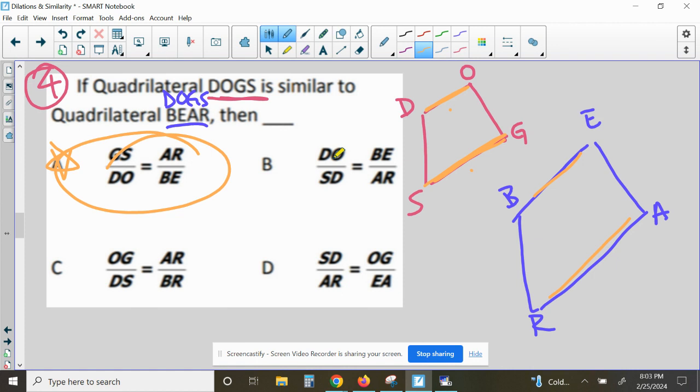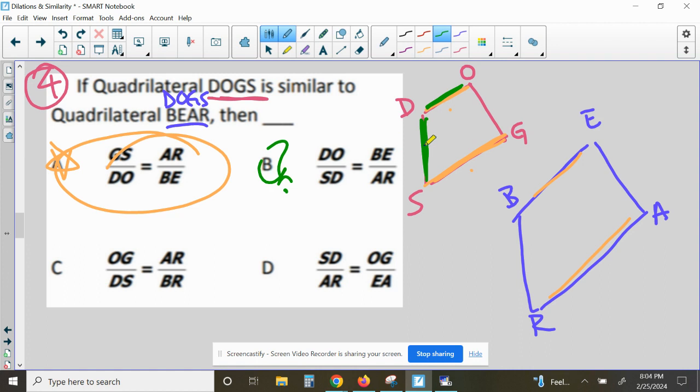Okay, I'm going to actually erase it. You know what? I should leave that on there. Let me just pick a different color. Let's do green. Okay, if I'm going to check this one, let's see. DO, that's this piece, over SD. Okay, so that's this piece over that piece. Now, on the other picture, what does that have to match?